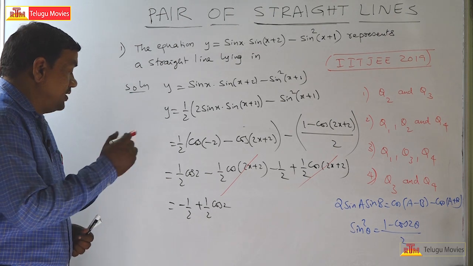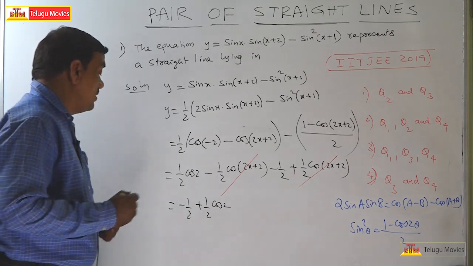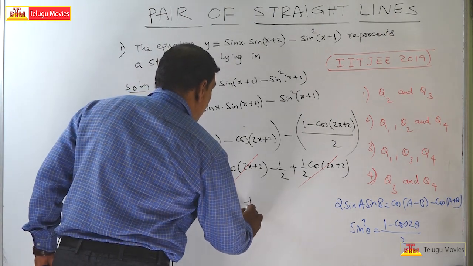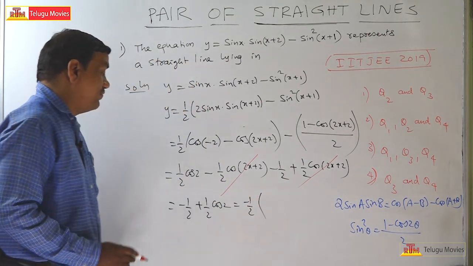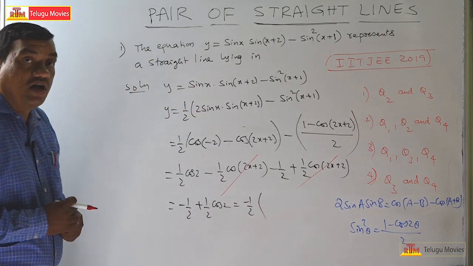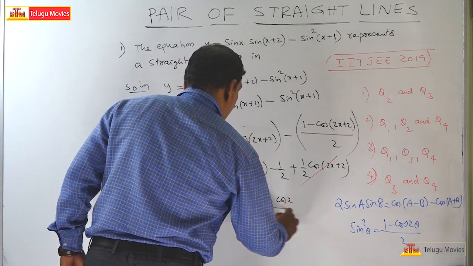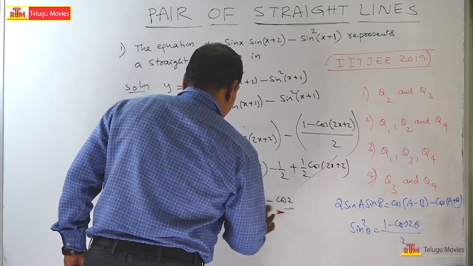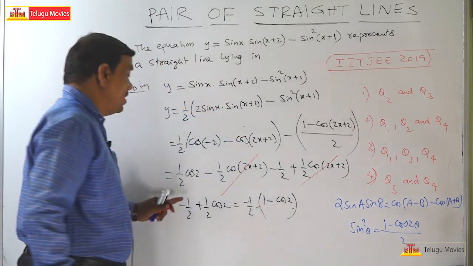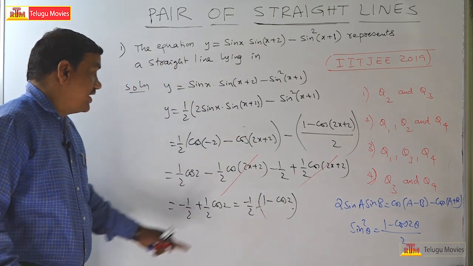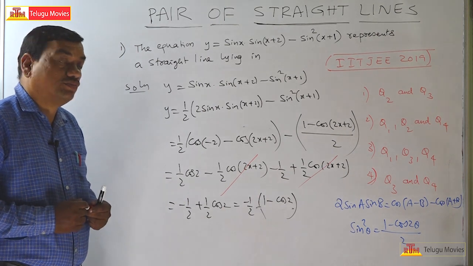In the numerator, can I take minus 1 by 2 common outside? If you take it common outside, this is equal to 1 minus cos 2, you will get. So this is a 1 minus cos 2.